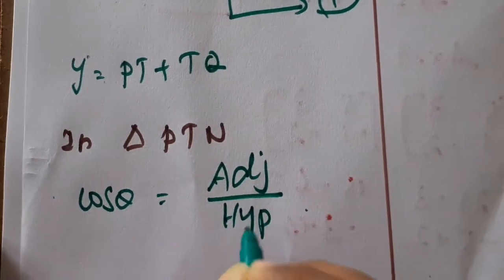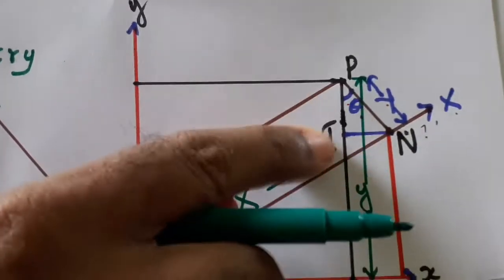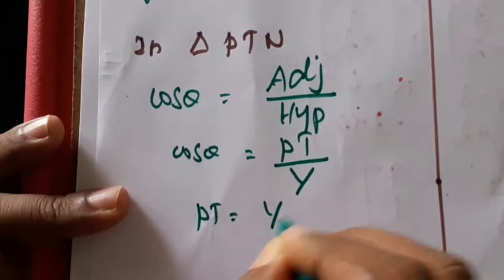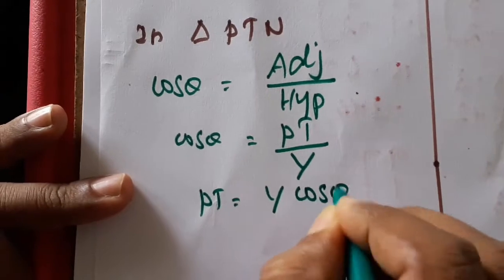PTN is equal to adjacent, what is the name? PT, divided by hypotenuse, which means capital Y. Therefore PT is equal to capital Y cos theta.